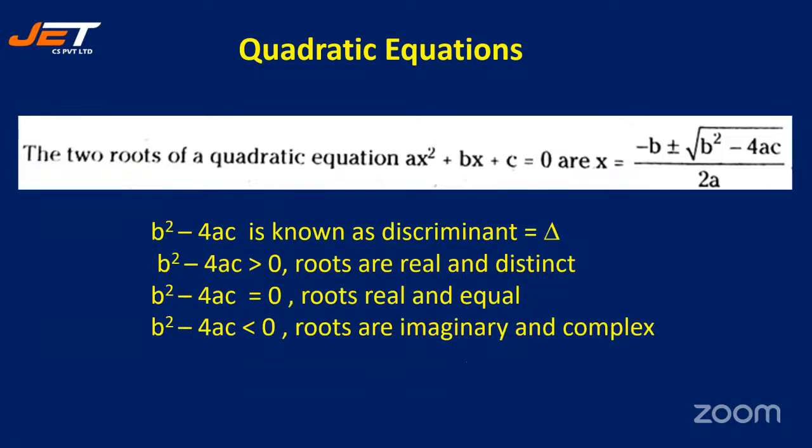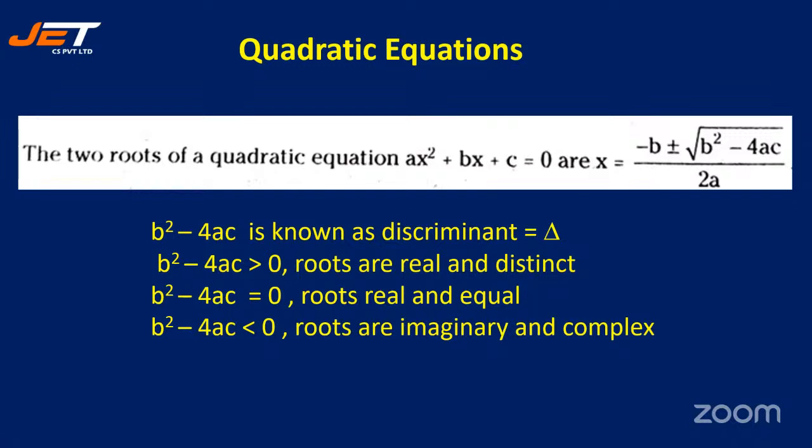Now, the two roots of a quadratic equation ax squared plus bx plus c equal to 0 are, how do you find out the value? Minus b plus or minus root of b square minus 4ac by 2a. In this, b square minus 4ac is known as the discriminant. How do you represent that?